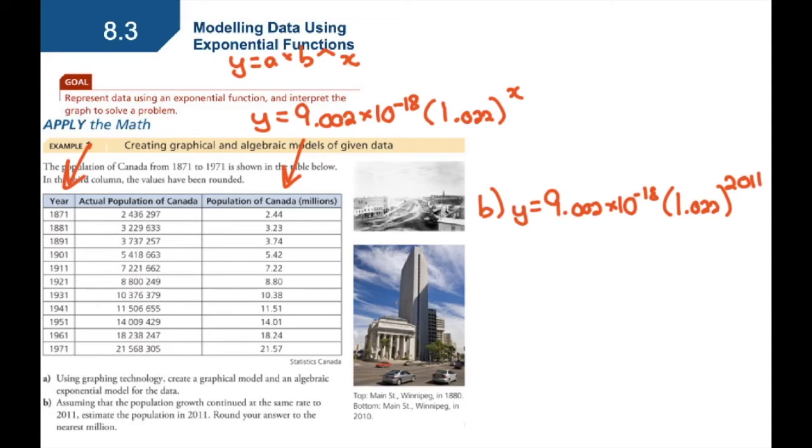When we go to calculate this, it is possible to do it in one step. However, it's often better to do it in 2 steps because 1, we're dealing with scientific notation, and 2, we're also dealing with exponents. So easiest thing, following BEDMAS, deal with the exponent first. 1.022 to the power of 2011 ends up being 1.013 times 10 to the power of 19.